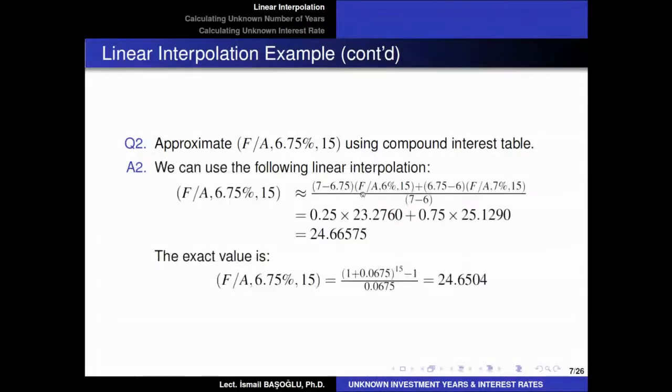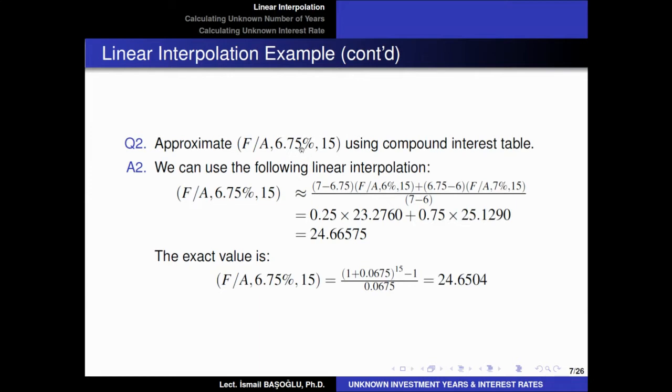And if we go back to our presentation file now, what we are going to do is weight the uniform series compound amount factor for 6% interest rate with the smaller of the weights, and at 7% we are going to multiply this factor with the larger of the weights.